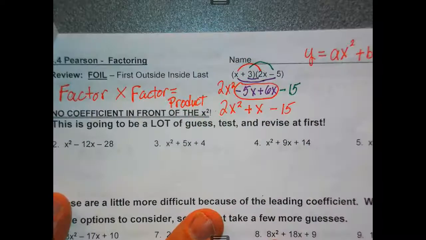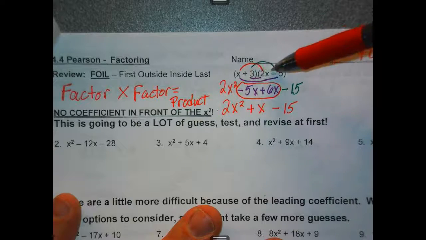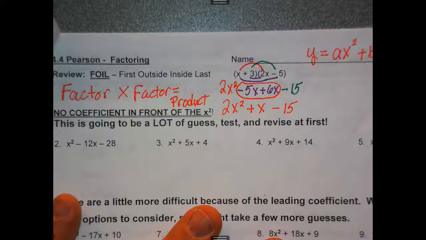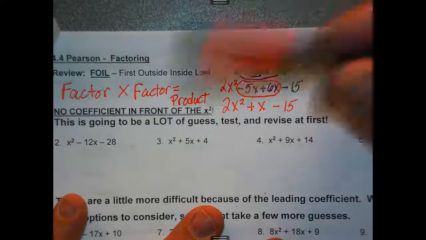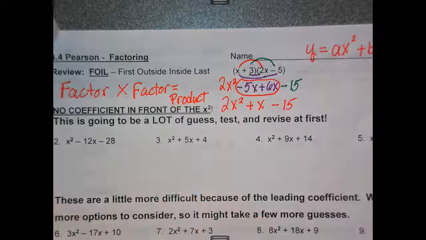Just as if I'm taking 2 times 3 equals 6, 2 and 3 are the factors, 6 is the product. These binomials are the factors, 2x squared plus x minus 15 is the product. When we put it in factor form, we are actually going the other way. We're taking the product and coming up with the factors, right?